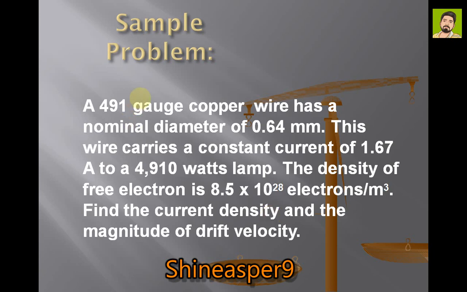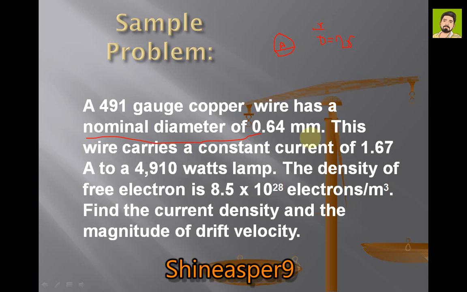Okay, so last of this topic is a sample problem. A 4910 gauge copper wire has a nominal diameter of 0.64 millimeter. Diameter means the line through the cross-sectional area A. We all know that diameter is equal to 2r.